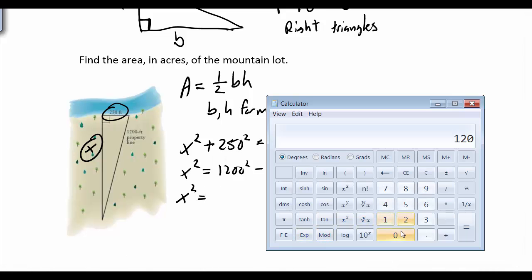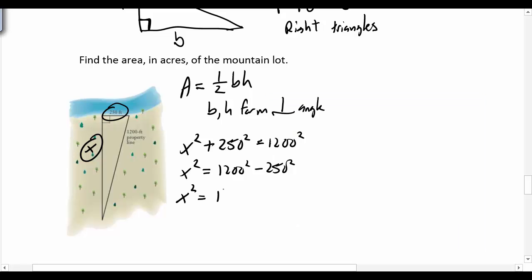So 1200 squared minus 250 squared. I get 1377500. Okay, but that's x squared, so I want the square root of that. So that lovely number.